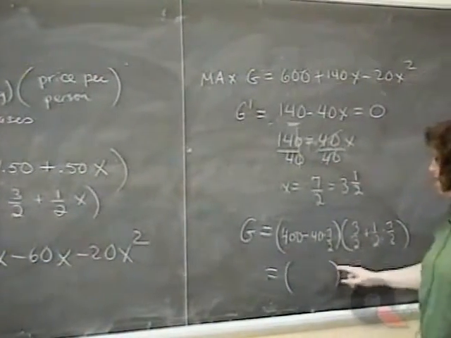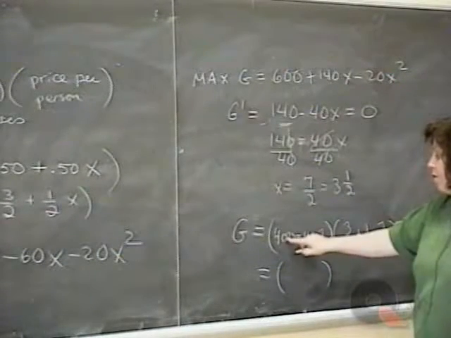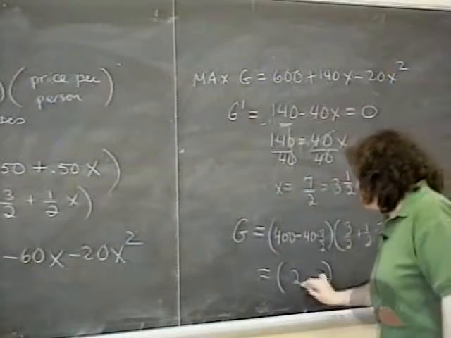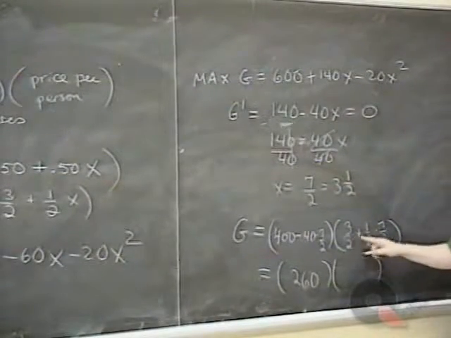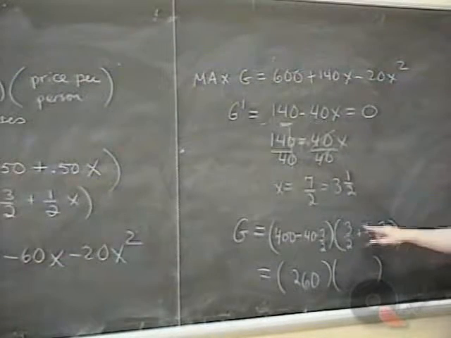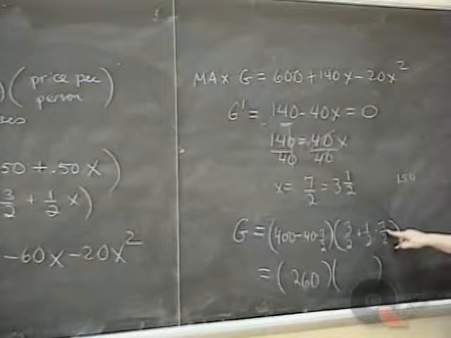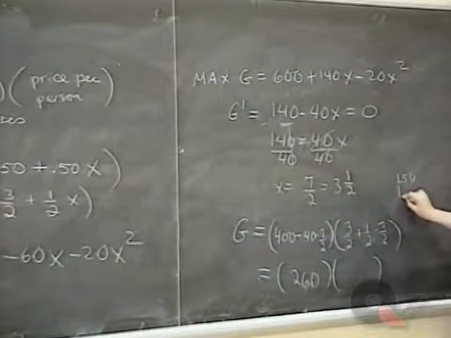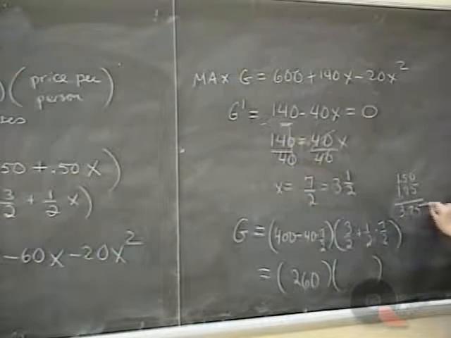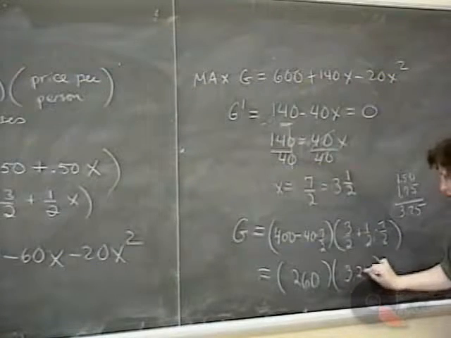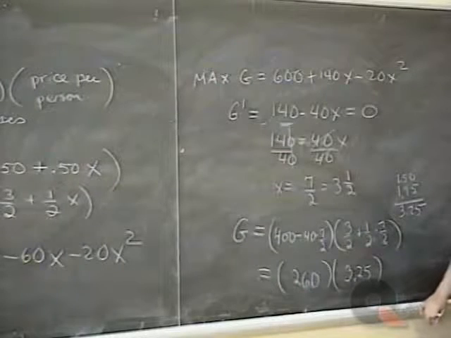How many people will attend? 2 into 40 is 20, times 7 is 140. 400 minus 140 is 260 people will attend. And we have 7 quarters and 3 halves. 3 halves is 1.50, plus 7 quarters, 1 3/4, so they're paying $3.25 a person.